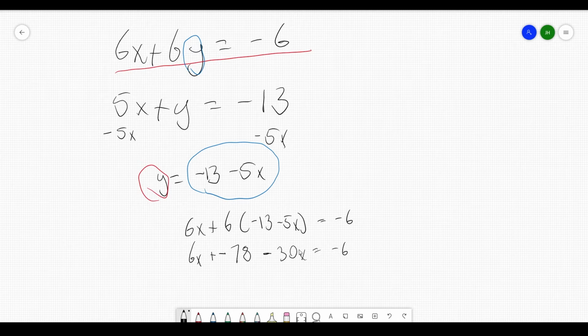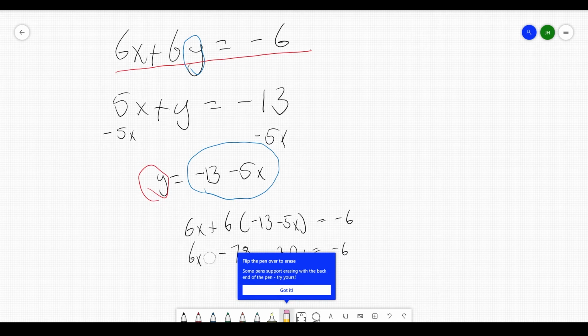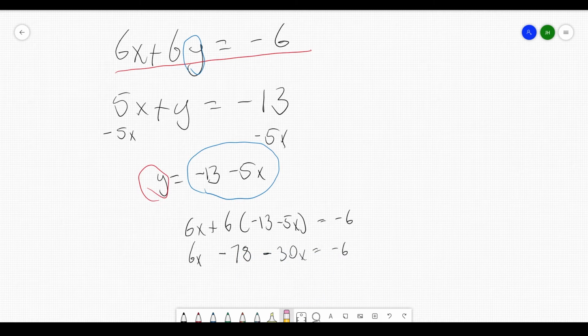Now we get rid of that plus because it's just going to be minus. 6x minus 30x is going to be negative 24x. So negative 78 minus 24x equals negative 6.